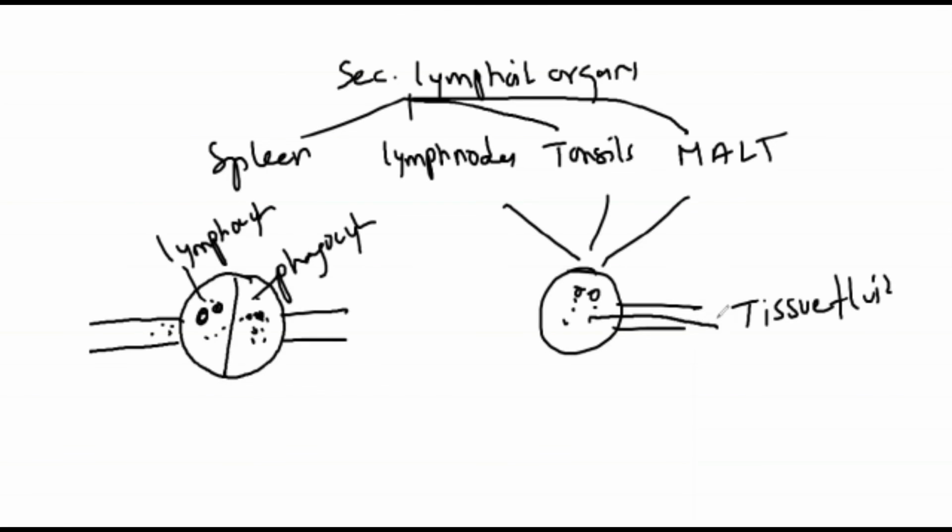So the tissue fluid-borne antigens can be recognized by the lymph nodes and other structures, whereas the blood-borne antigens can be recognized by the spleen. So formation and activation take place in two different areas. The formation and maturation take place in primary lymphoid organs, whereas the activation takes place in secondary lymphoid organs.